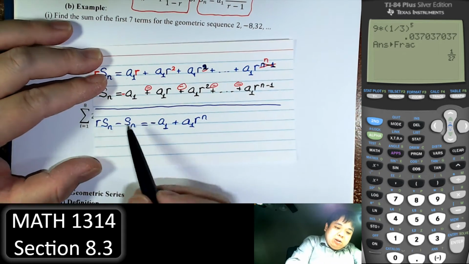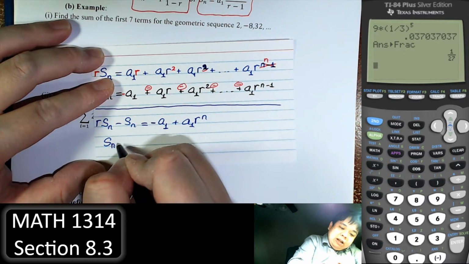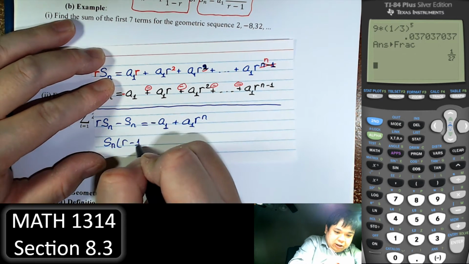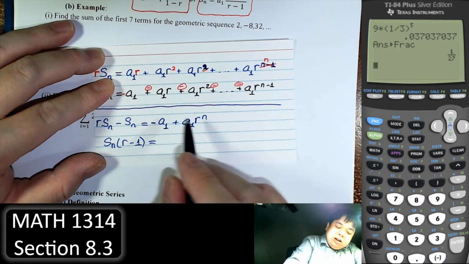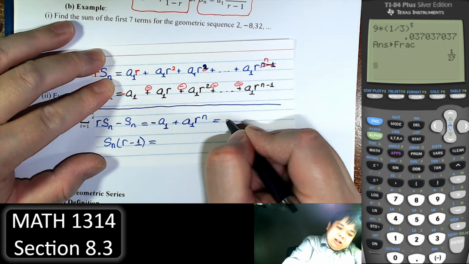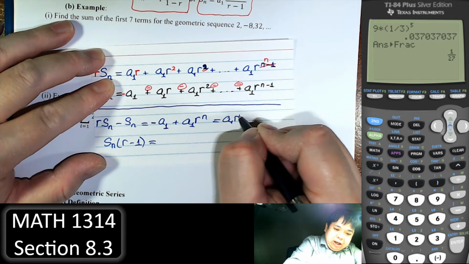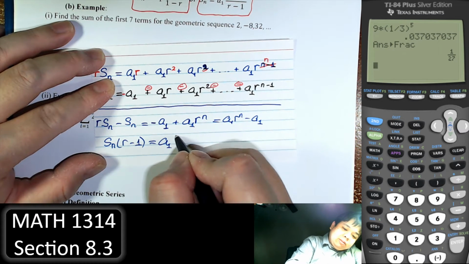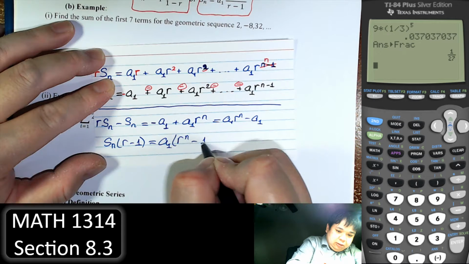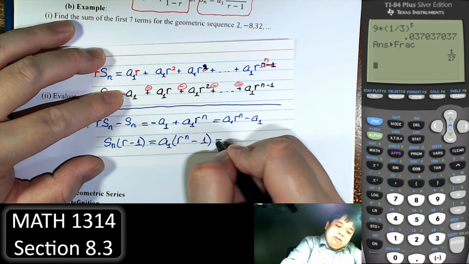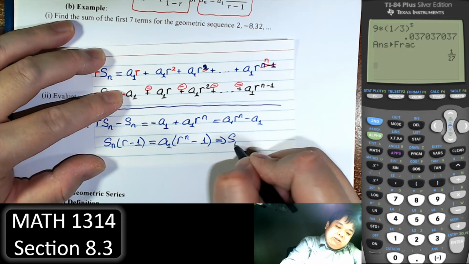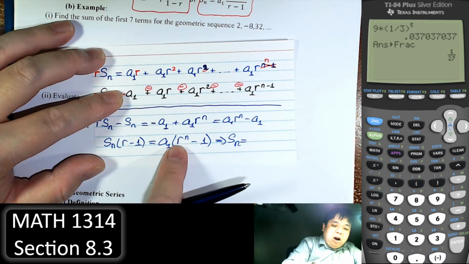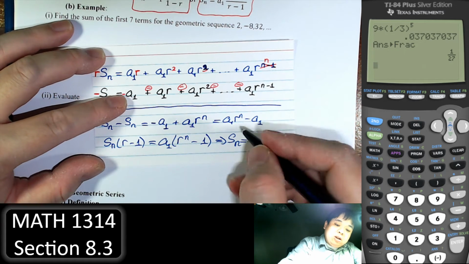Now if we factor s of n out, we have r minus 1. And I will write this a1 r to the n minus a1, factor out a1. So that gives us, if we want to solve for s of n, is a1 times r to the n minus 1 divided by r minus 1.